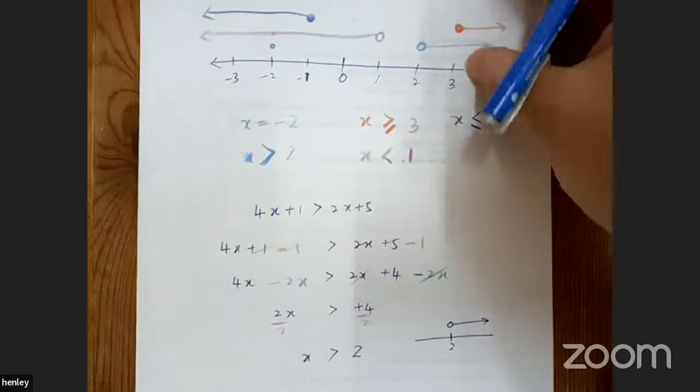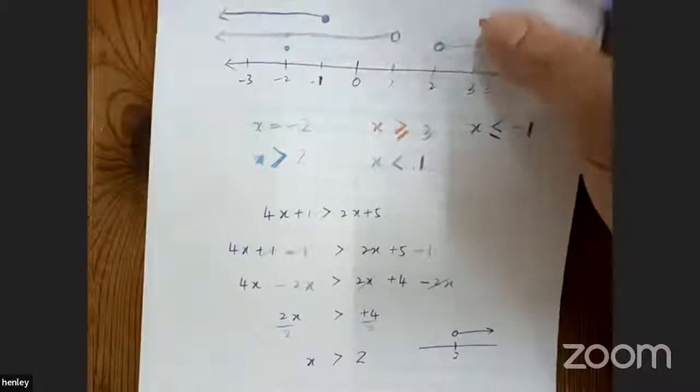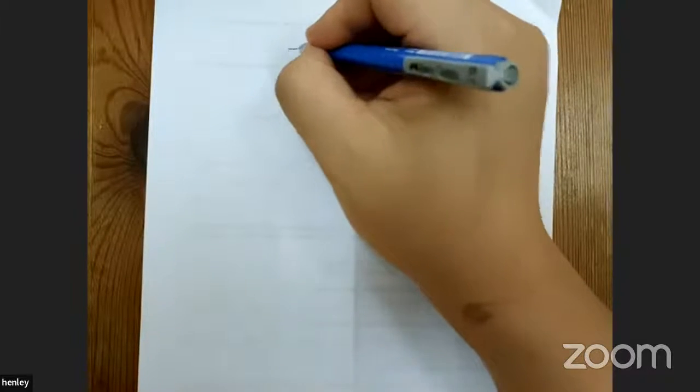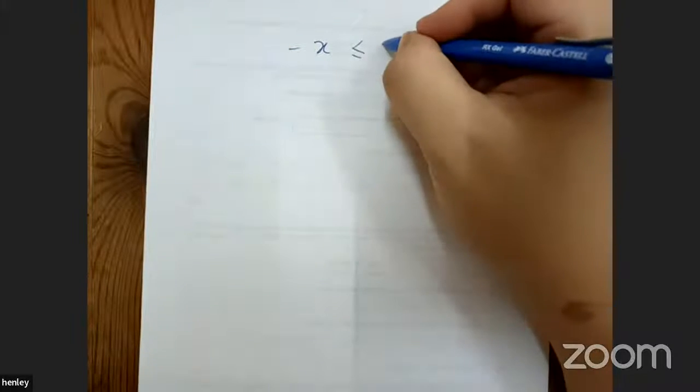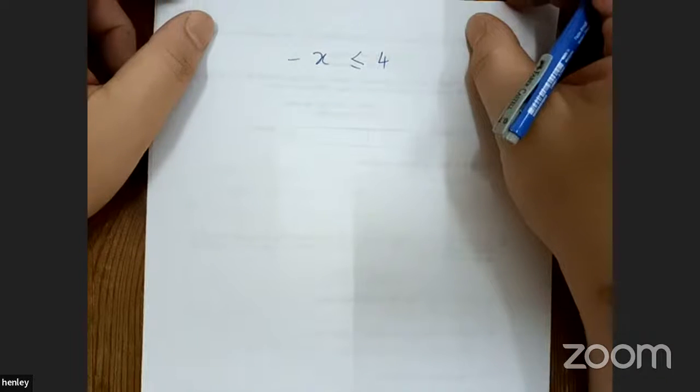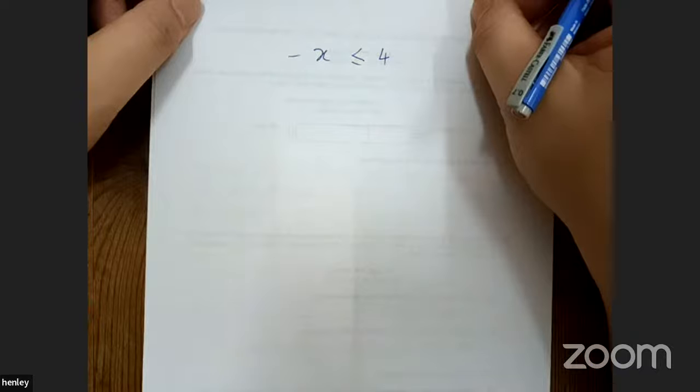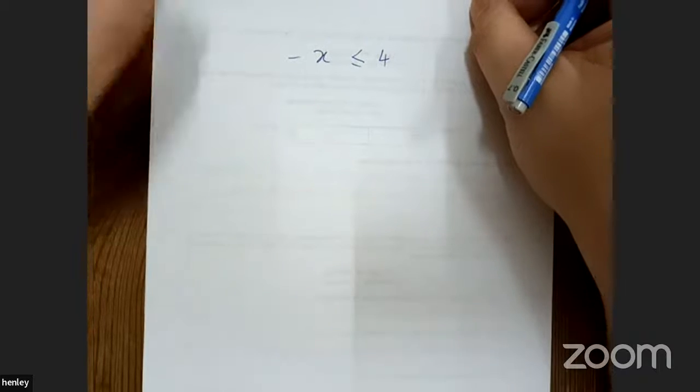So if you have something which is negative, what should we do? For example, if you really have something negative, for example, negative x smaller or equal to 4. For me, I would like to use this method.